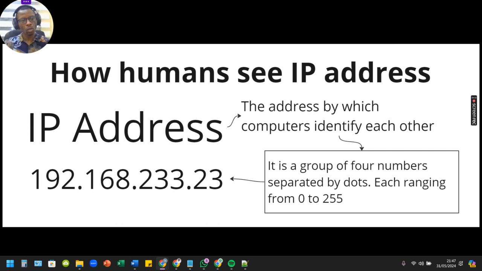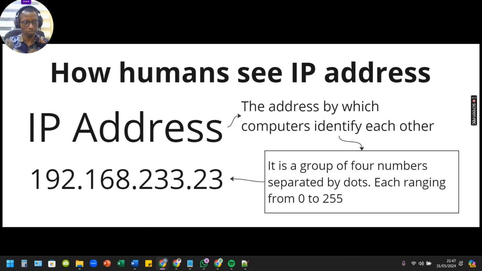So now, IP version 4. How do humans see IP version 4? This is the IP address, the way computers identify each other. It's a group of four numbers separated by dots, just like we can see: 192.168.233.23.